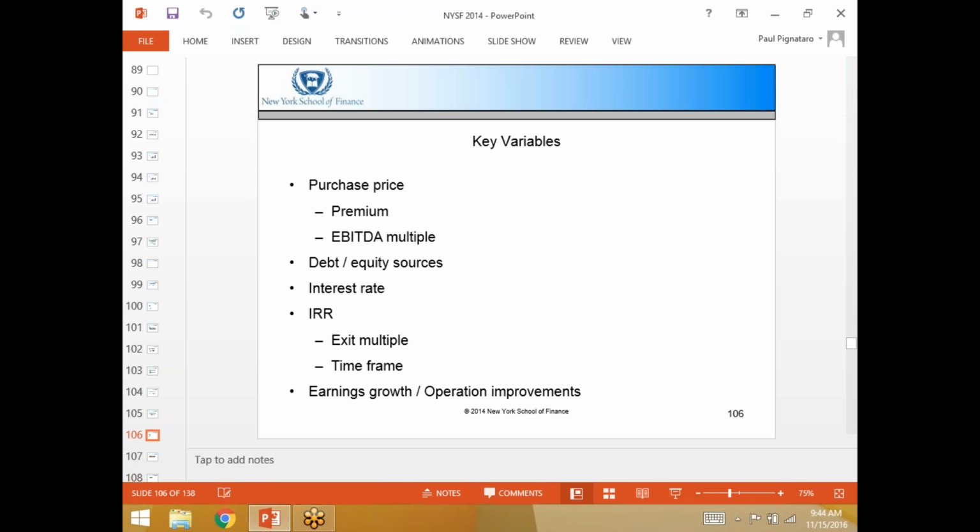Very obvious. Actually, time frame was the first one. Second one. Purchase price. Maybe that's implied by the multiple. The purchase price. A higher purchase price, like in an M&A, just puts more stress on the whole thing, right? It would hurt your IRR. Those are the major variables. So think about those major variables when we do this paper example.